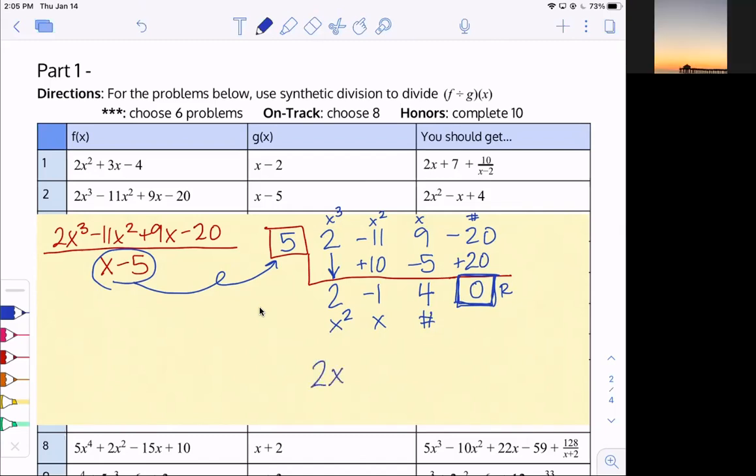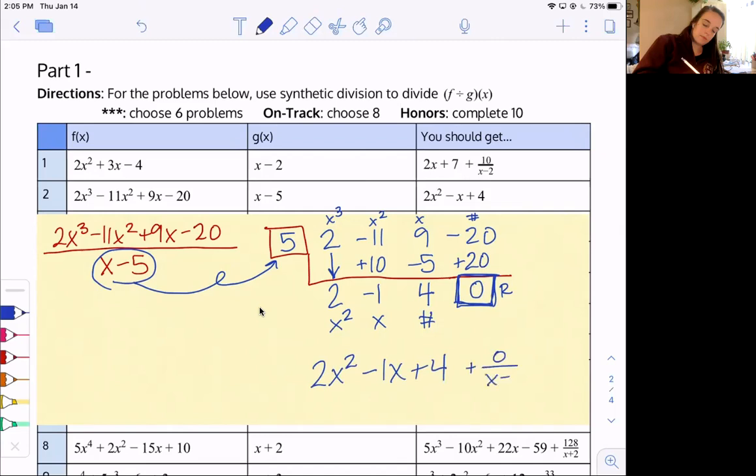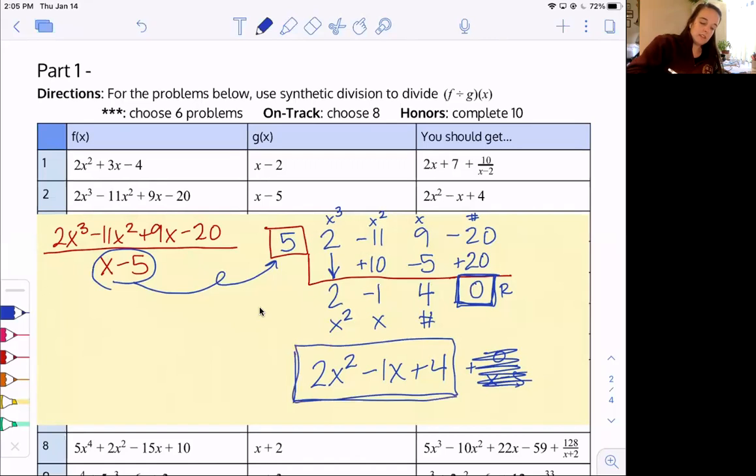2x squared, and then 1x plus 4, and then plus 0 over x minus 5. Yes, we can write it like this, but since it's 0, plus 0 doesn't really exist, right? So then this is my answer by itself, and you can see that it matches right here on my answer.